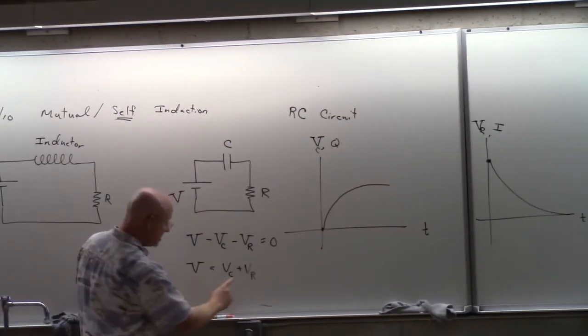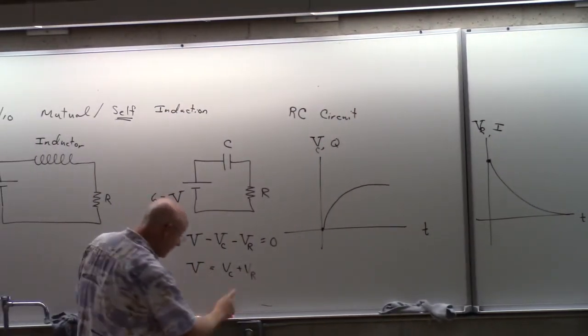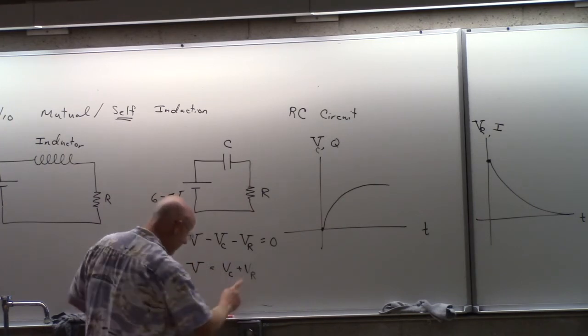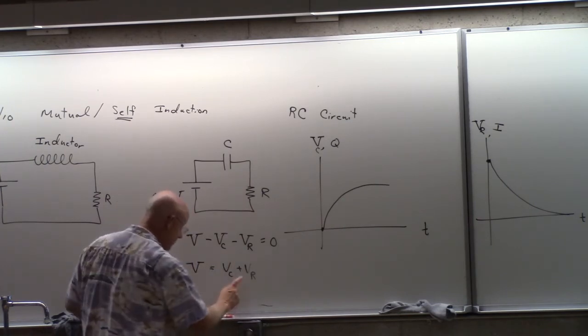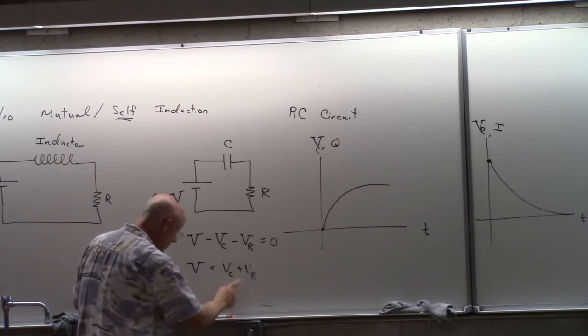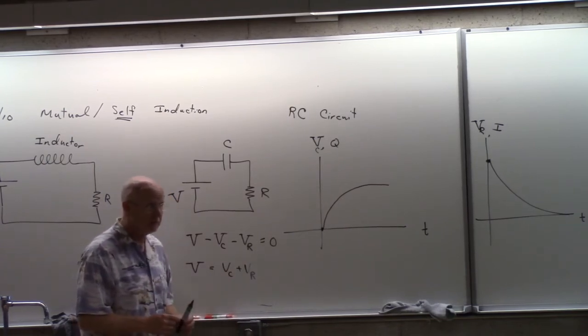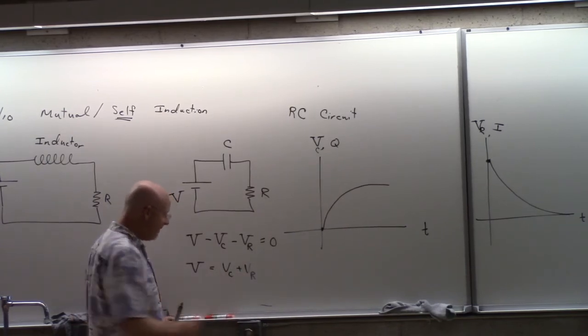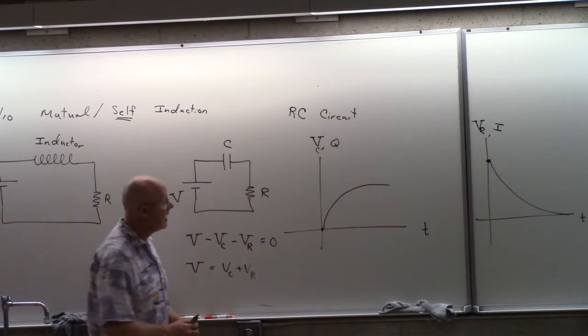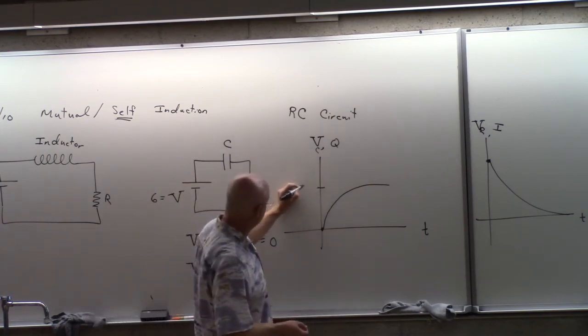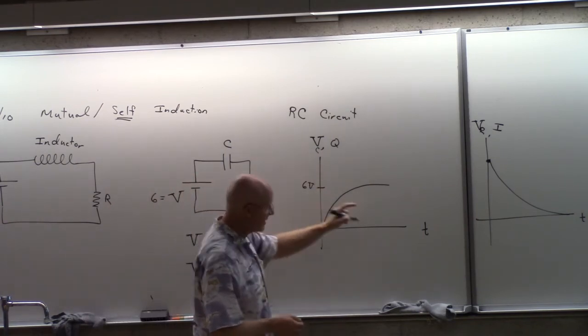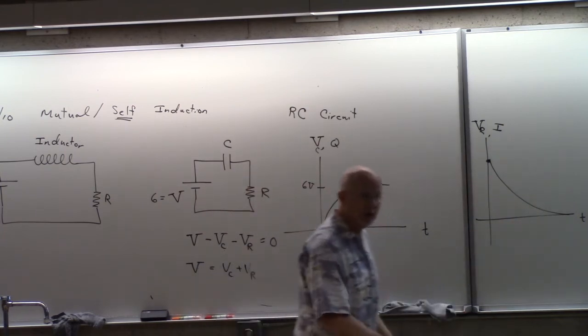So at first it's 6 and 0. A little bit later it's 5 and 1. A little bit later it's 4 and 2. A little bit later it's 3 and 3. A little bit later it's 2 and 4. And then 1 and 5. And now finally 0 and 6. And so this gets a full 6 volts by the time this drops down to 0.